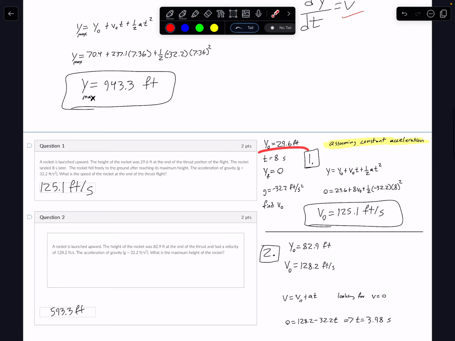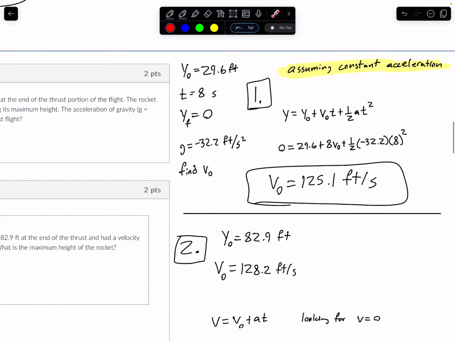So, we have y0, time, and we know the final height as well. So, this kinematic equation right here involves position, initial velocity, time, and acceleration. We have all but one variable in this. We just don't have the initial velocity. So we can plug and chug numbers in and move some stuff over to the left side.